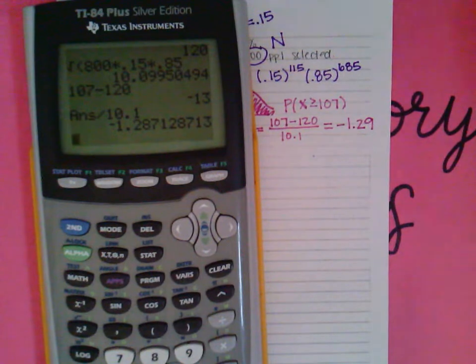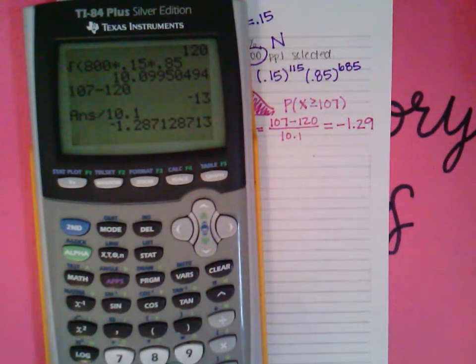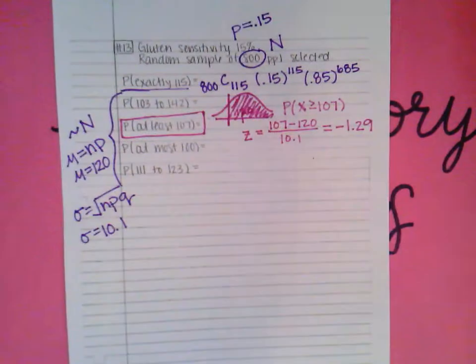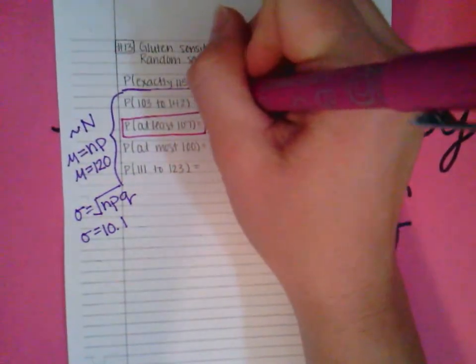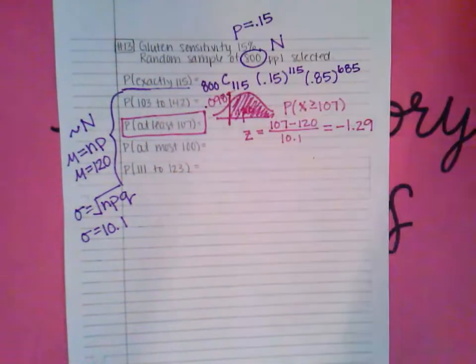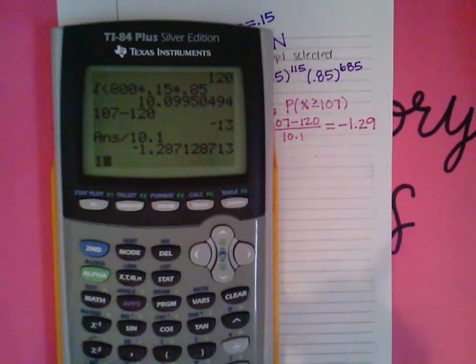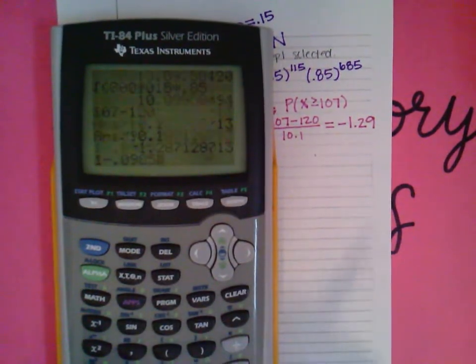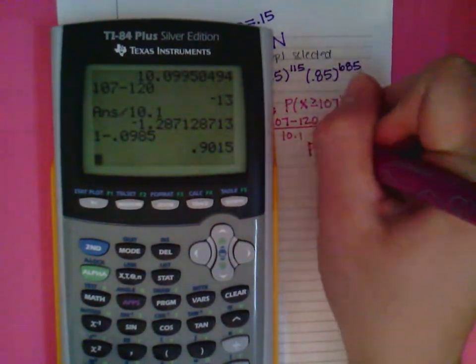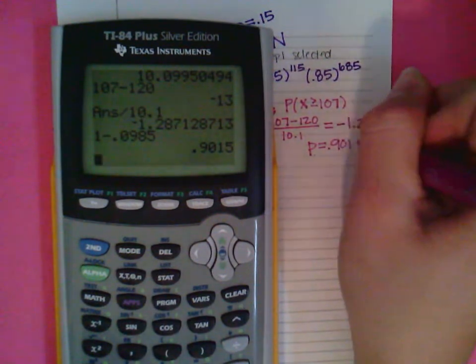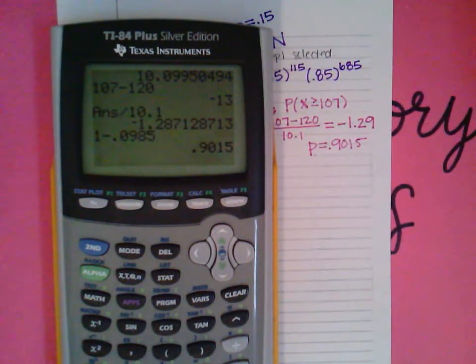When I use my normal model chart, I get 0.0985, but remember that's over here. So the probability I want is the complement, and so that p-value is 0.9015.